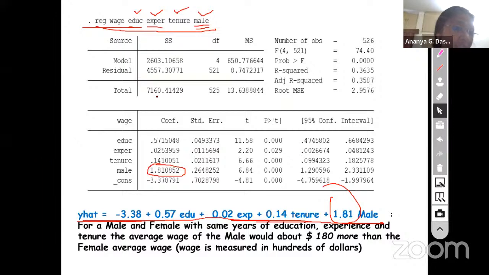Here I'm just assuming that wages are measured in hundreds of dollars, a small assumption. So we are saying that for a male and female with the same years of education, experience, and tenure, that is, holding education, experience, and tenure constant, the average wage of the male would be about $180 more than the female average wage. Why? Because I've assumed that wages are in hundreds of dollars, so it's 1.8 times 100.